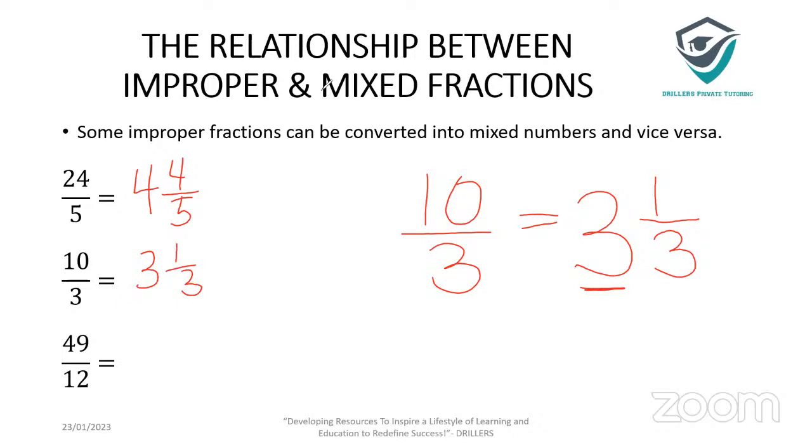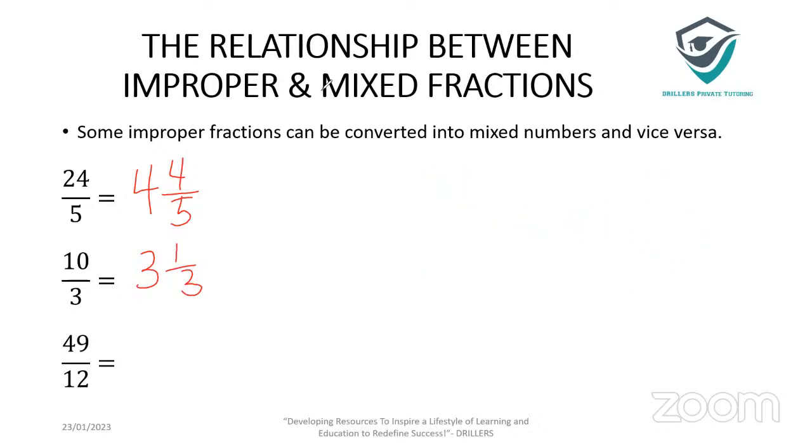The next example we have is 49 over 12. If we take 49 and divide it by 12, we must ask ourselves, how many times can 12 go into 49? 12 goes into 49 4 times, because 4 multiplied by 12 is 48.